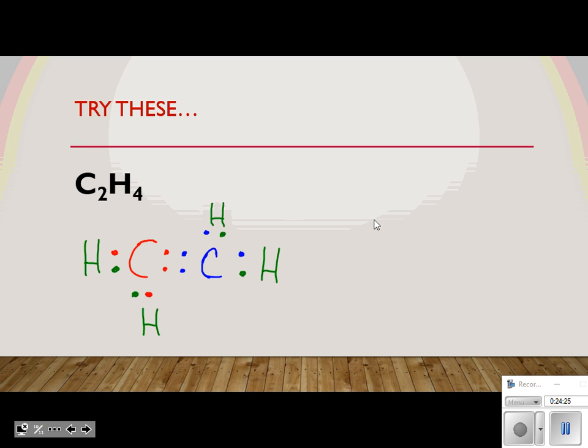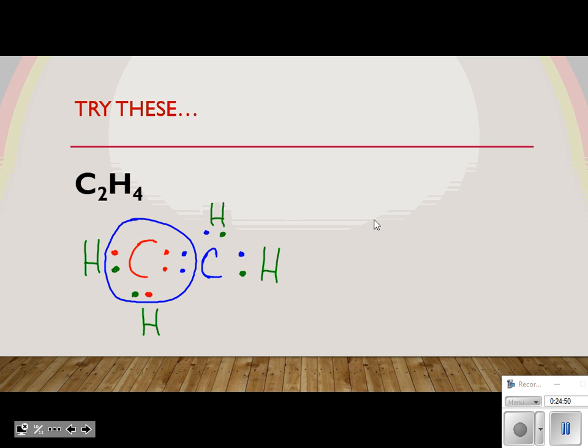So if I look, does this red carbon have 8 electrons? It has the 4 that's shared, these 2. So if I look right here and I draw my circle around that carbon, does it have 8 electrons? Yes. What about the other carbon? Yes.